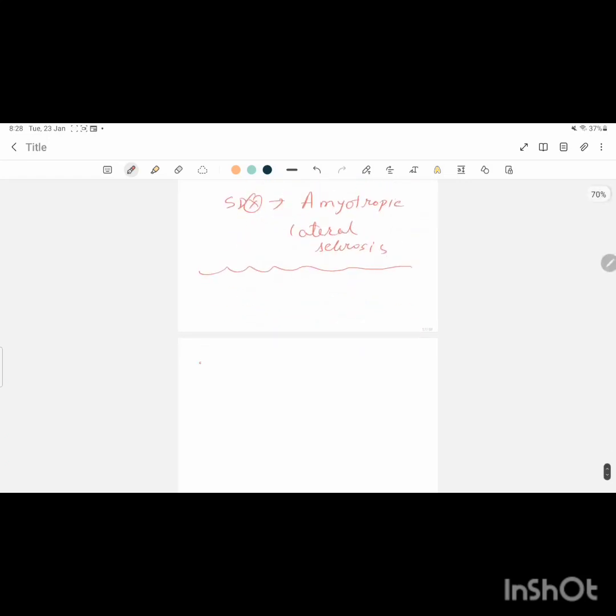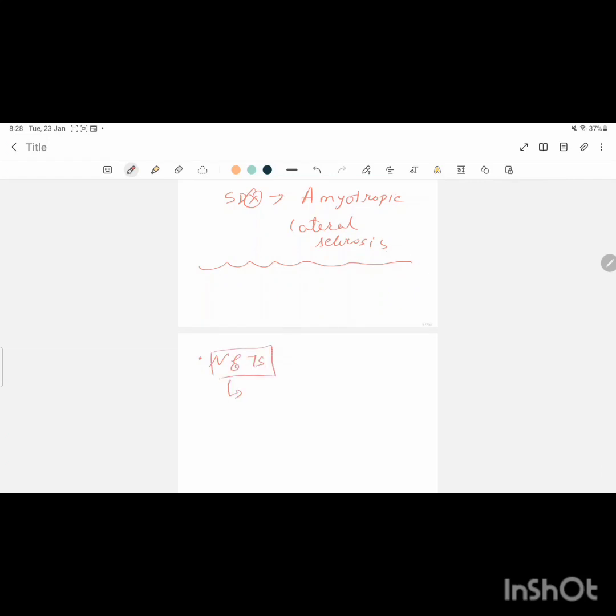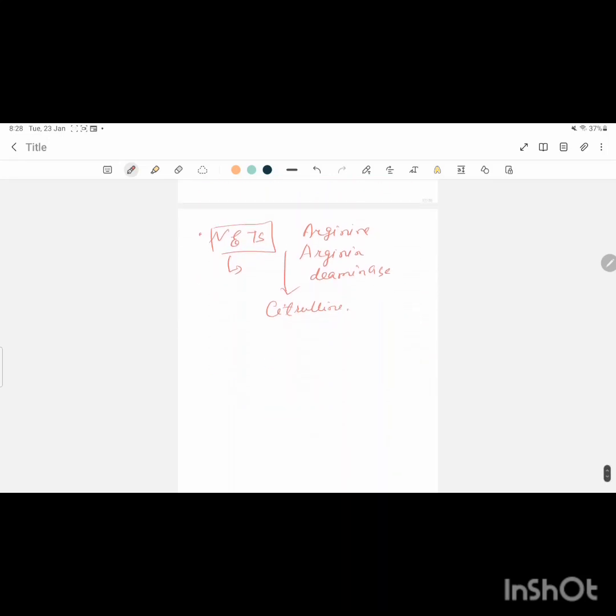Another important topic I would like to teach you is neutrophilic extracellular traps, NETs. What happens is there is an enzyme called arginine deaminase. It converts arginine into citrulline. This conversion basically decondenses the chromatin of the neutrophil.